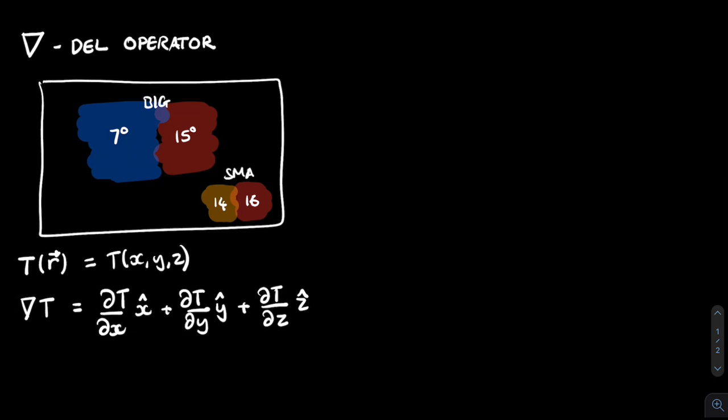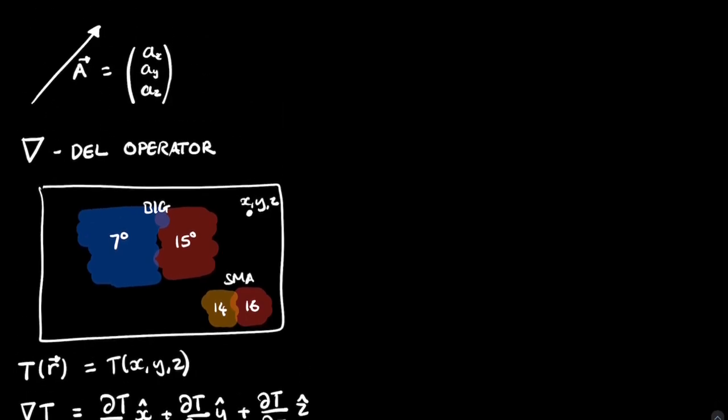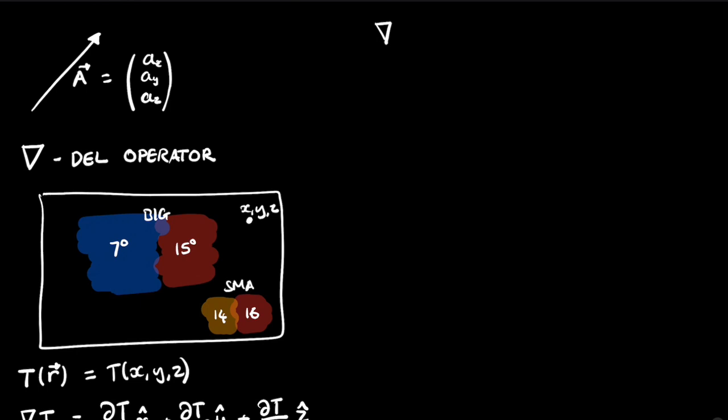So you could do the differentiation and then evaluate it at, say, this point here. You plug in what your x, y, and z is, and then you can find out how much the temperature is changing at that point of the room. So that is what grad T is, and that's what the gradient operator is. So from this you can see what this funny del thing actually is.